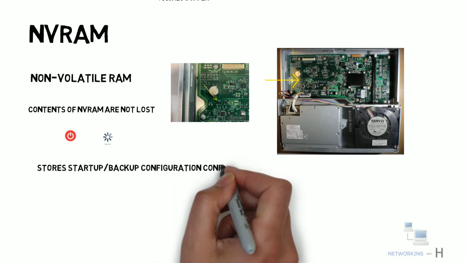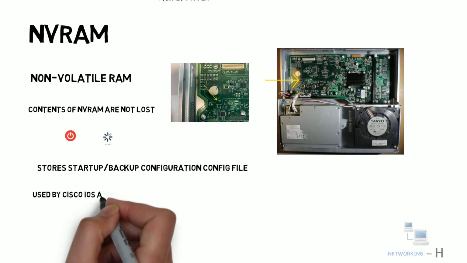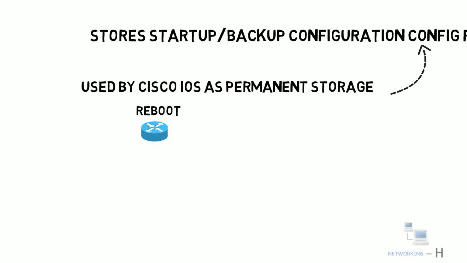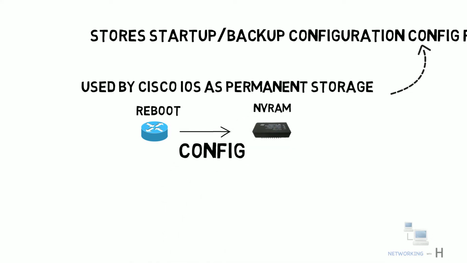NVRAM is also used to store the router's startup config or backup config file. It is used by the Cisco IOS as permanent storage for the startup config. When the router boots, by default, the router looks for the configuration information in NVRAM, unless the router is configured to load the configuration from some other source. If NVRAM is empty, then the router will prompt you to enter the setup mode.